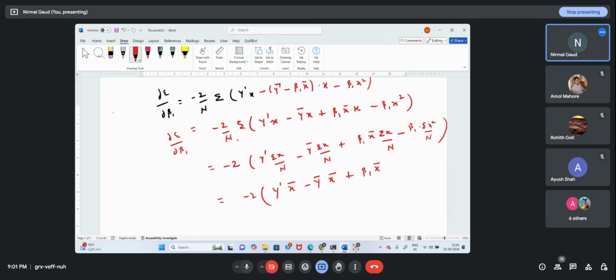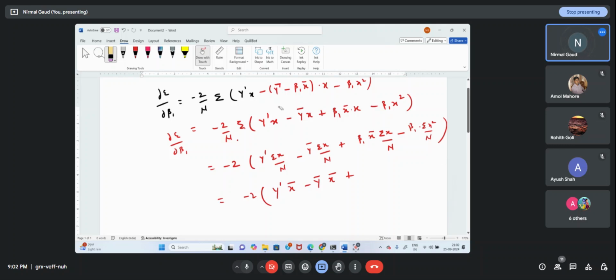So here now, in this particular case, we are considering summation and n specifically for these two terms.